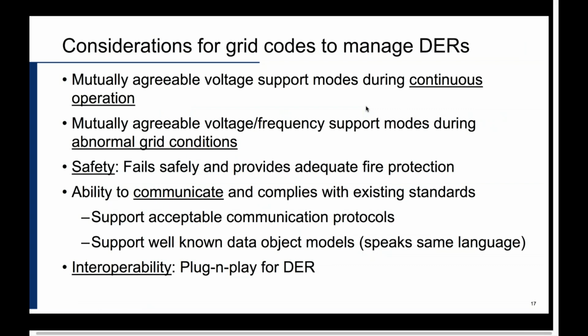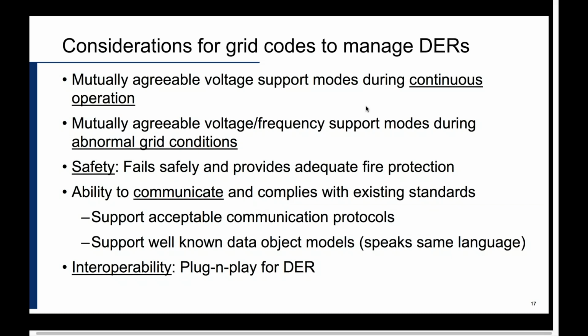Some of the key considerations for grid codes. Since there are too many devices that operate in a local region, all these devices that go on distribution should be capable of mutually agreeing on what the voltage support modes are, should be capable of providing voltage and frequency support in a particular way, should fail safe and should not cause any fire hazard.